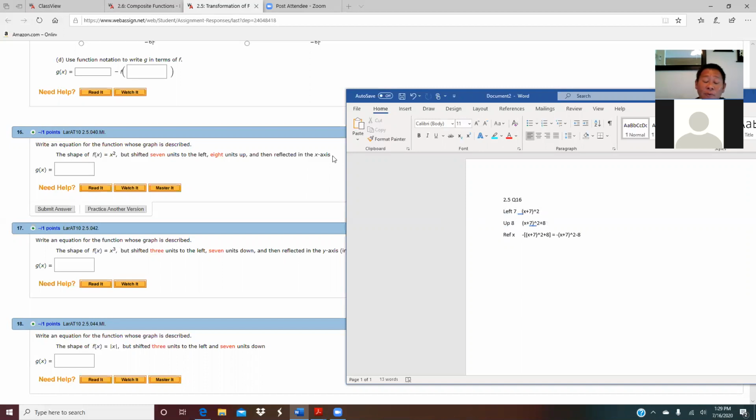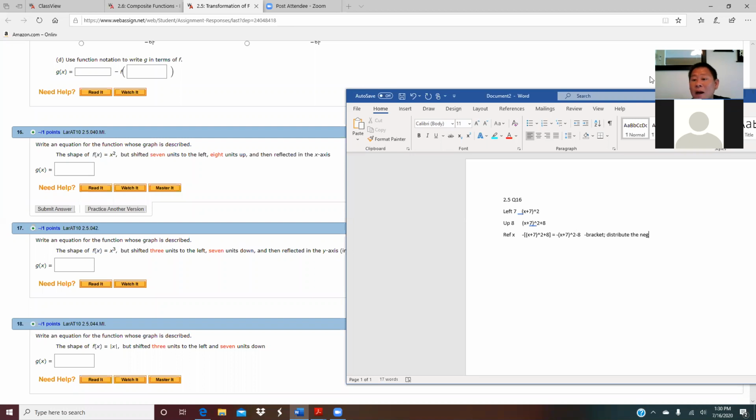And then when you reflect on the x-axis, this is something that I, as a teacher, will not agree on. Usually you just put a negative in front, but for this case, you have to put a negative and a bracket, like parentheses, and then you have to distribute the negative.